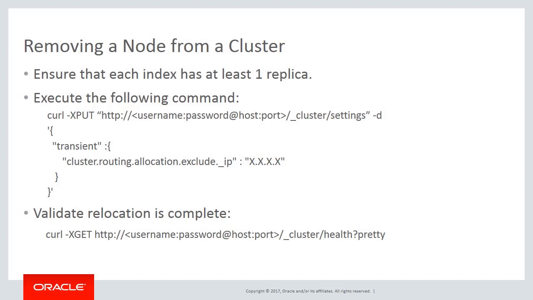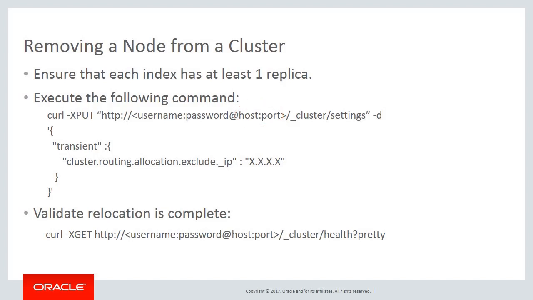Identify the IP address of the Elasticsearch node that needs to be removed from the cluster. Open a command prompt window and execute the given command where x.x.x.x stands for the IP address of the node that needs to be removed, and also replace the host:/port with the IP or port of any of the nodes in the cluster.